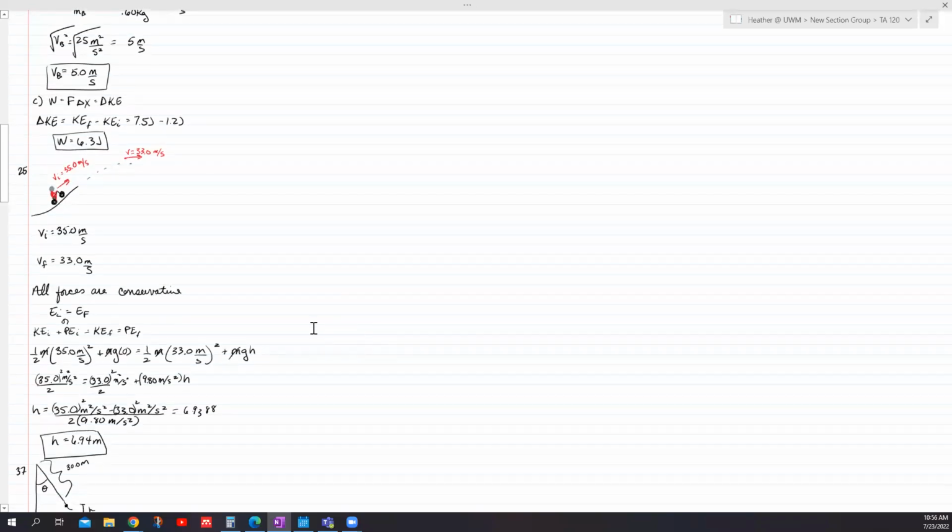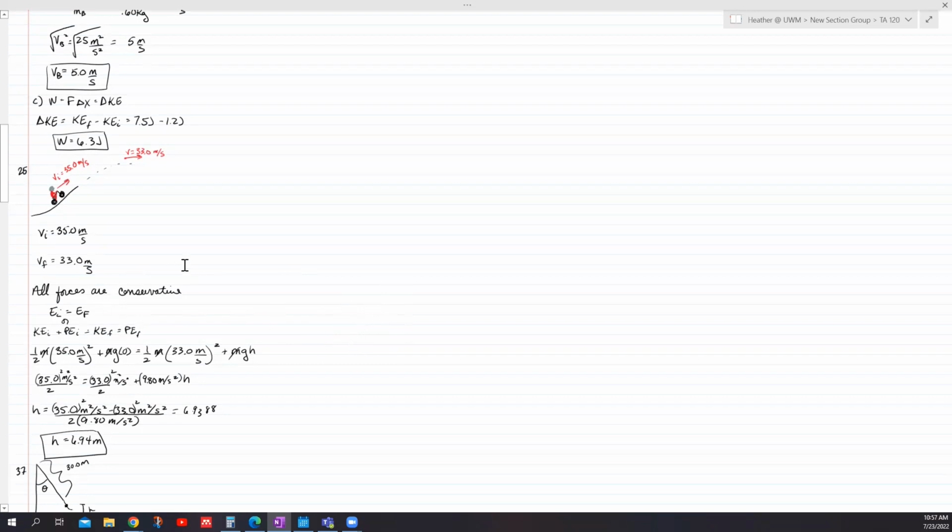So we can say that initial energy equals final energy, or energy equals kinetic energy plus potential energy. So initial kinetic energy plus initial potential energy equals final kinetic energy plus final potential energy. So we're going to plug in the values that we know. We know that at the end of the ramp, there is no potential energy because our daredevil is on the ground.